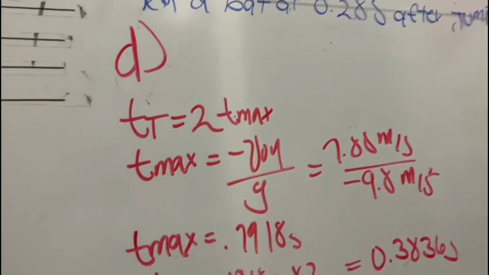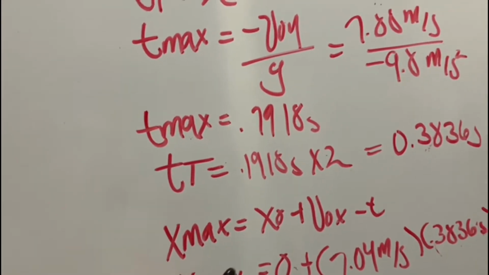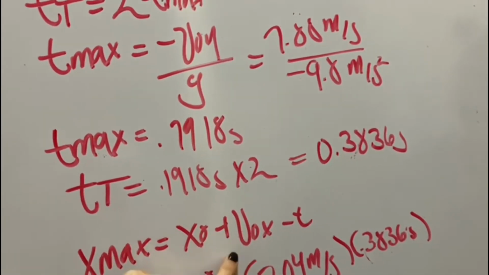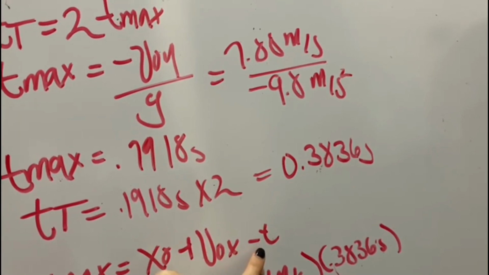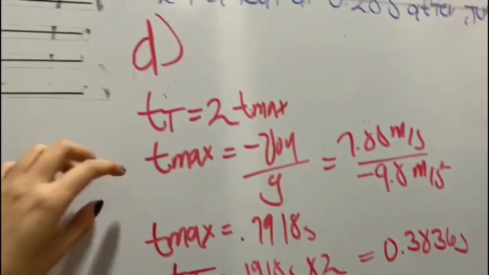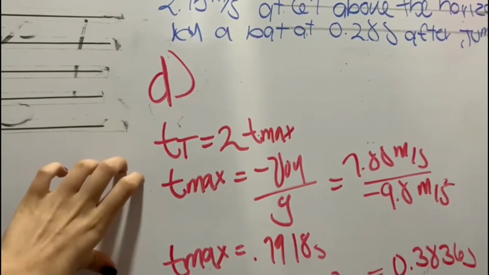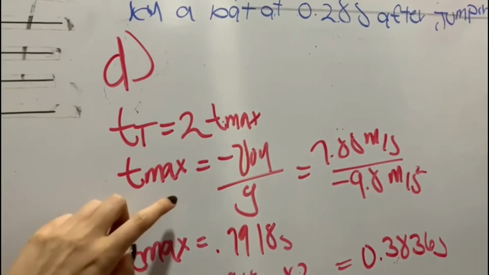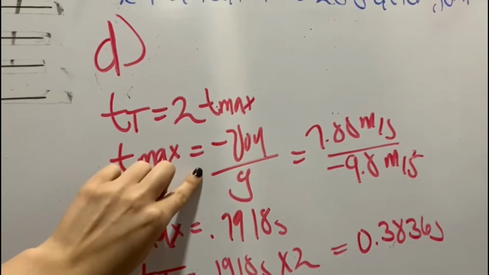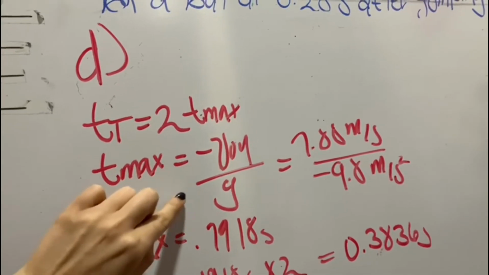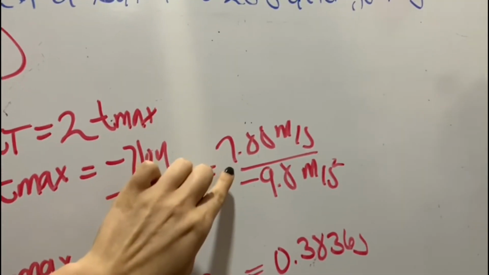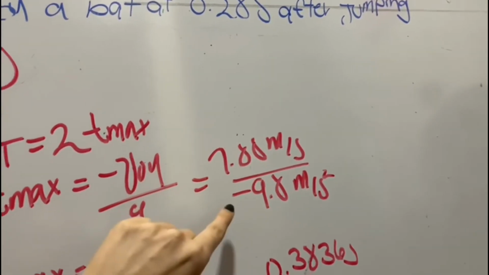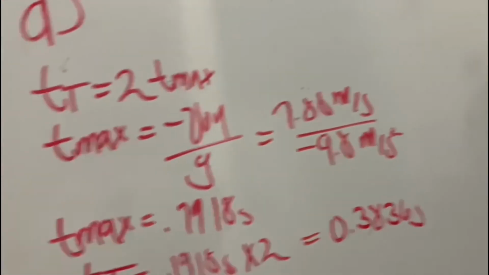Now the fourth one is asking for the distance the cricket would travel without the bat. We have a formula that says x maximum is equal to the initial position of x plus the initial velocity of x multiplied by the time, but we don't have the time. The time is given by 2 times the maximum time, and the maximum time is equal to minus the initial velocity of y divided by gravity. Here we have minus 1.88 meters per second over 9.8 meters per second squared.